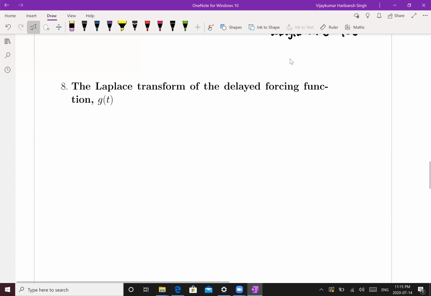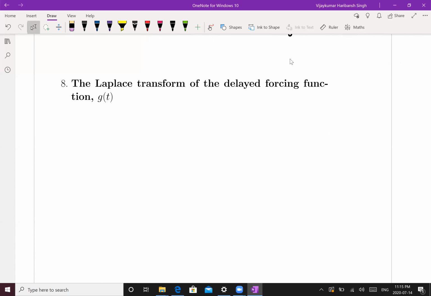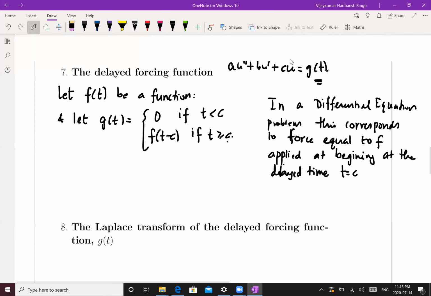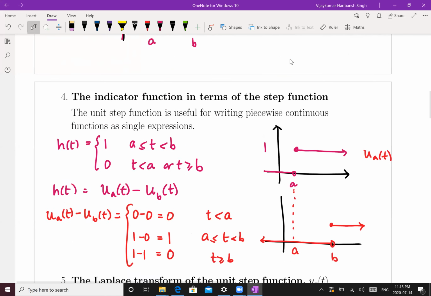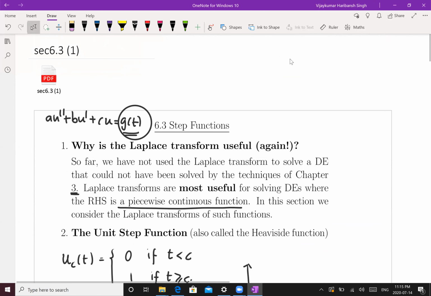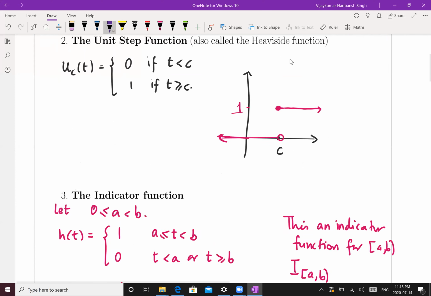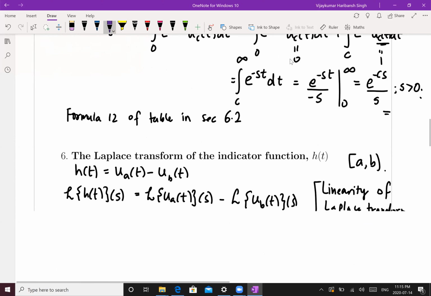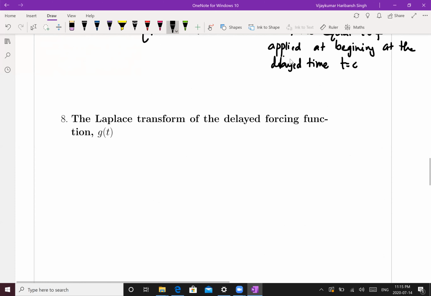Okay. Now we want to discuss the Laplace transform of the delayed forcing function g of t. Because recall when we did a problem in the last lecture, we applied the Laplace transform on both sides. The left-hand side is pretty easy to deal with. It's the right-hand side where the function becomes interesting if it is a discontinuous function. So that is what we are trying to deal with at the moment.